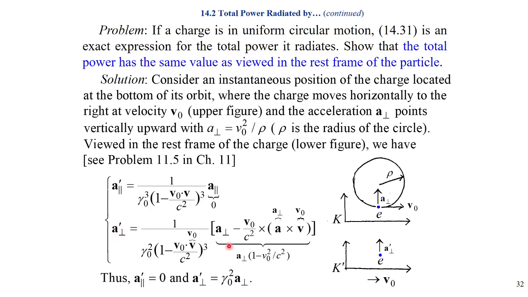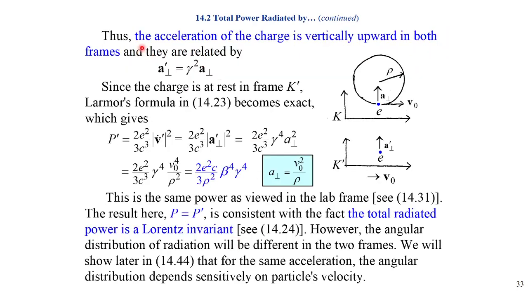A perpendicular will be this one. In the particle frame and the lab frame it is different. That's the lab frame we see from the laboratory, and that's the particle frame we see from the particle's viewpoint. It differs by gamma0 squared. The acceleration of the charge is vertically upward in both frames, and it differs by gamma squared.